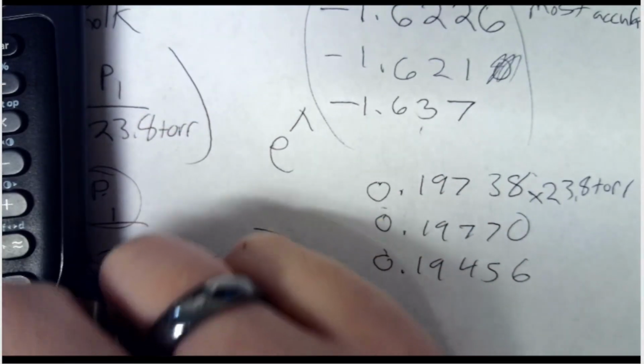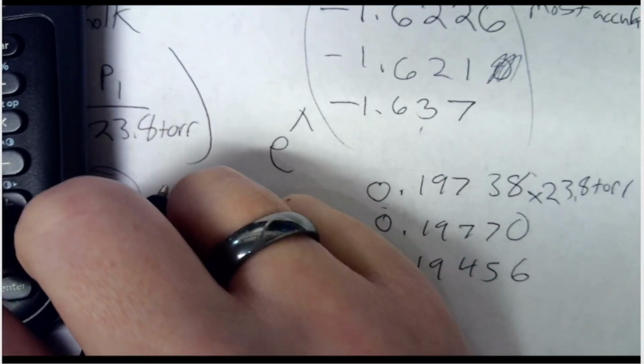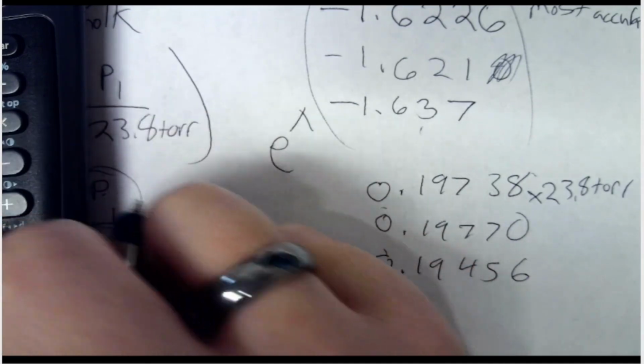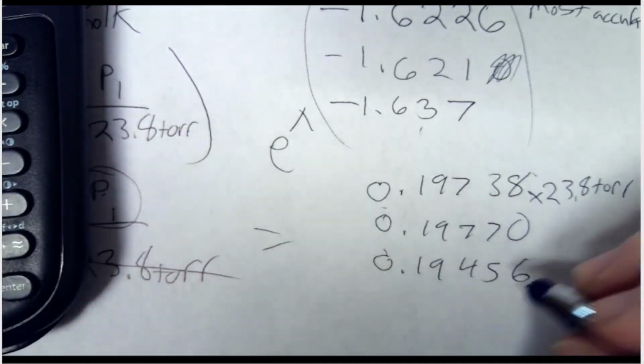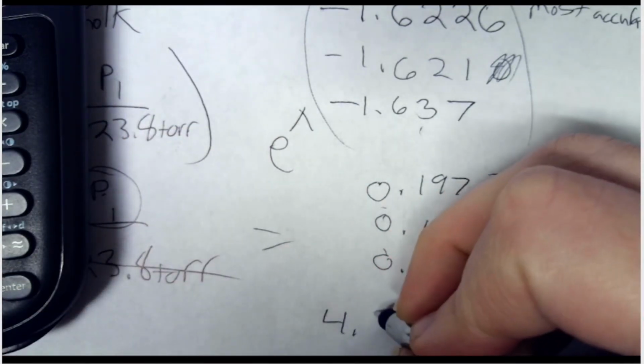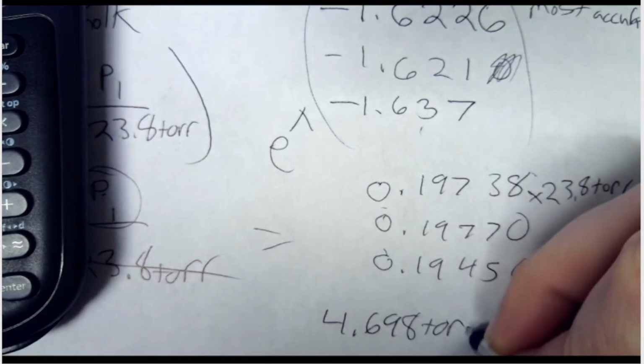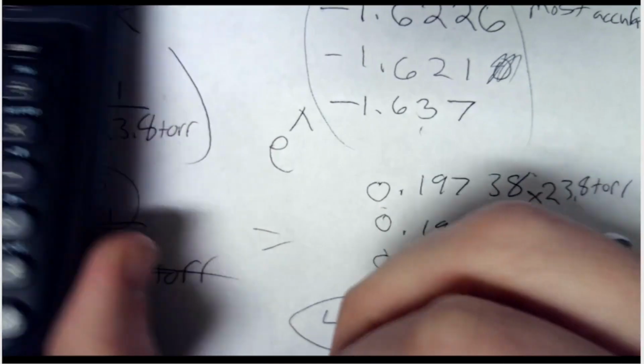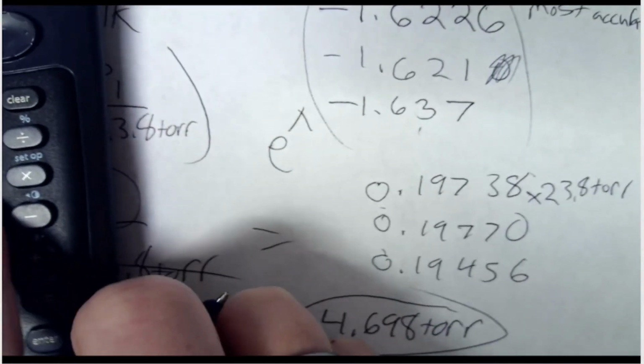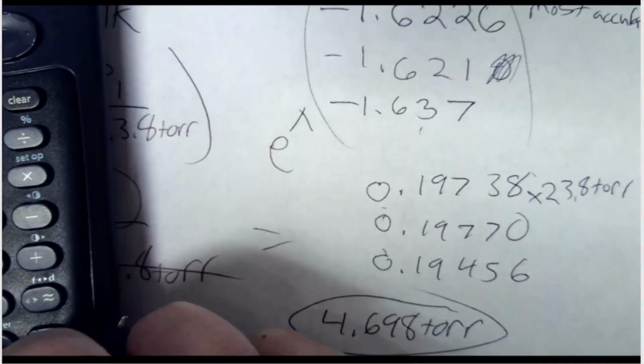So our pressure at 0 degrees, 0.19738 times 23.8 torr, the correct answer is 4.698. That's the correct answer, or the best answer. But let's see how this affects my other possibilities. See how much it throws my answers off.